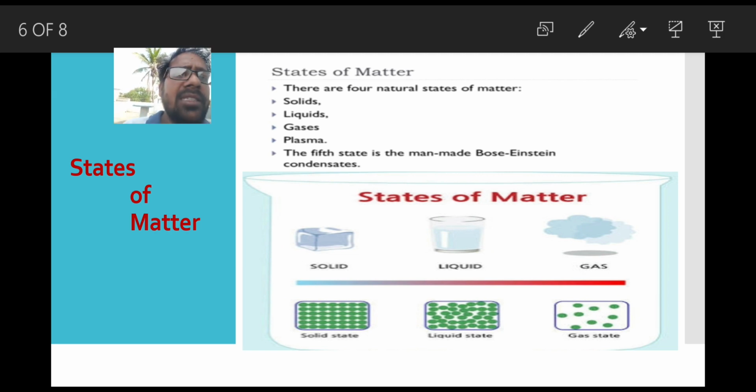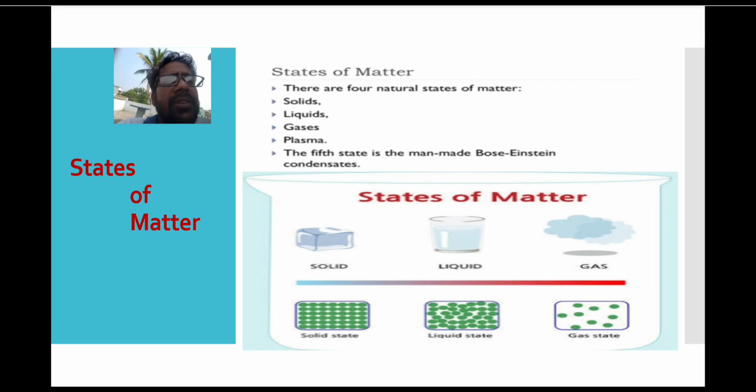And now lastly, in gaseous form, you can see that molecules are very far apart from each other, meaning it has the greatest intermolecular space compared to solid and liquid, meaning it has the least intermolecular force of attraction. So now move on.